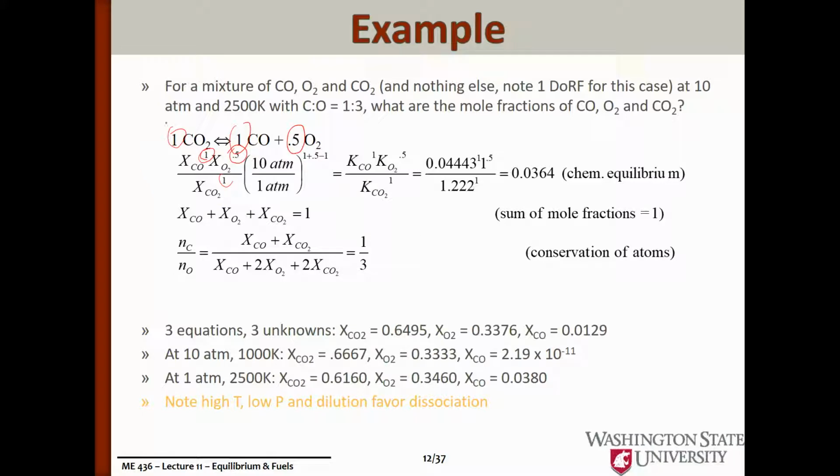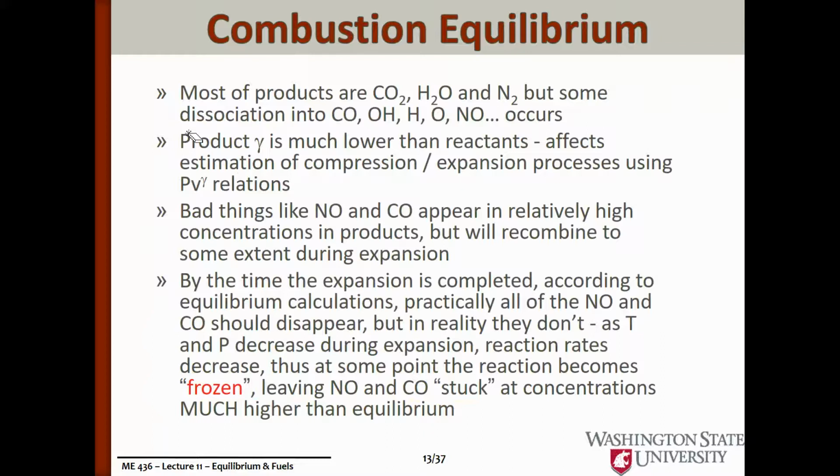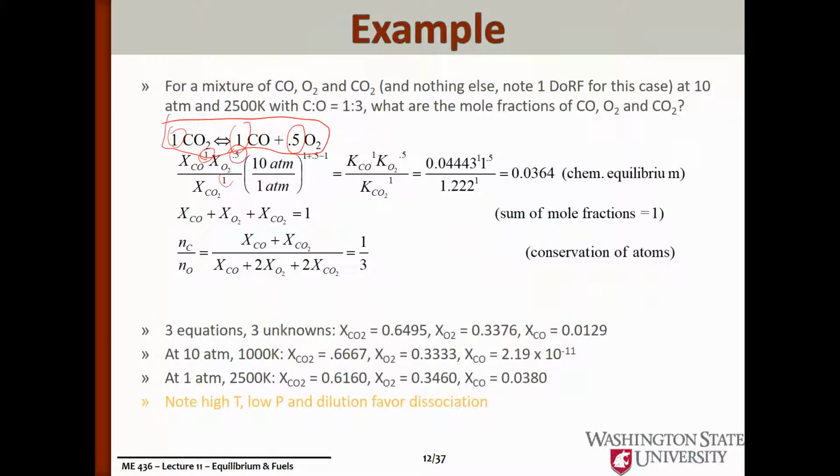Now let me back up a moment here. How can I have this balanced reaction when we're talking about burning some fuel and we haven't balanced the reaction yet? So how could I possibly set this up for an equilibrium reaction? Well, these equilibrium reactions are predefined reactions that are going to be perfectly balanced. If there's excess CO2 on this side, well, that can't really be. It's just going to be more CO2 dissociating.